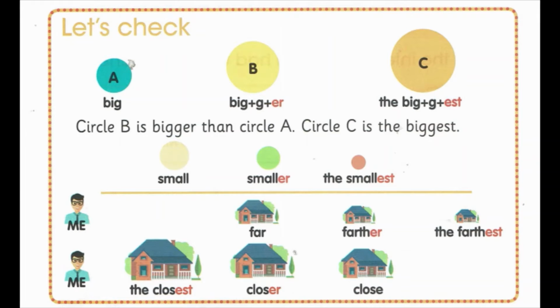Okay? While superlative, what's the meaning of superlative? Superlative means to specify one person or one thing among the rest, the best or most distinguished person or thing out of the rest of the group.